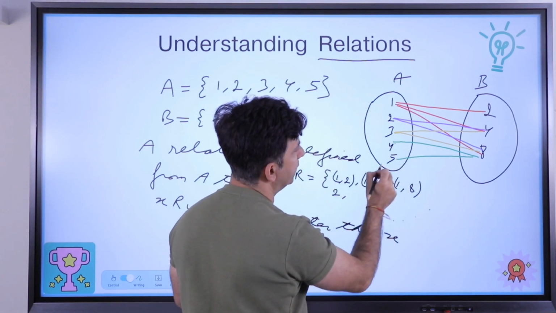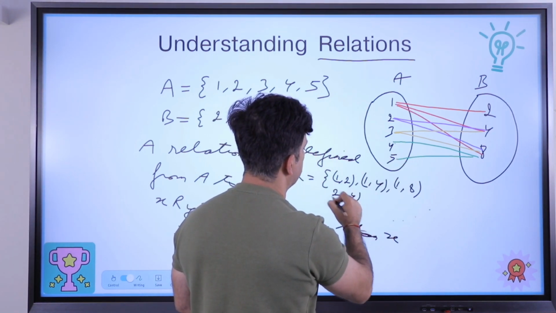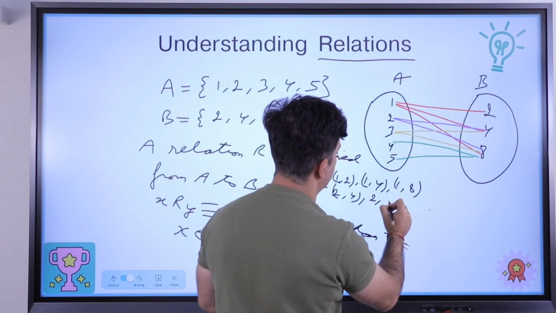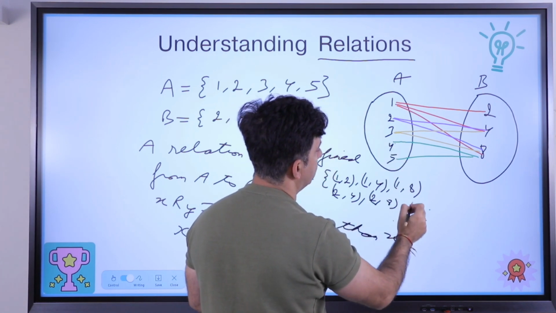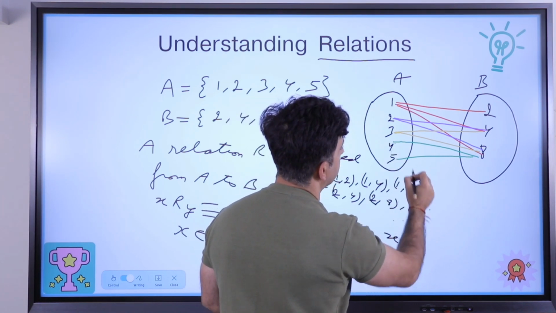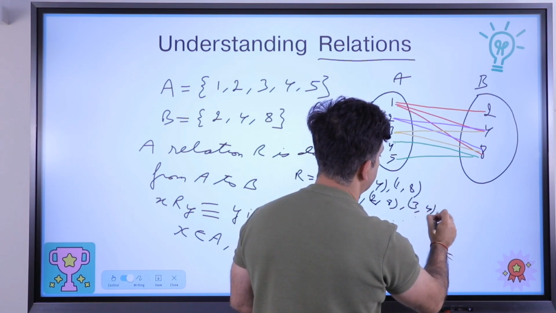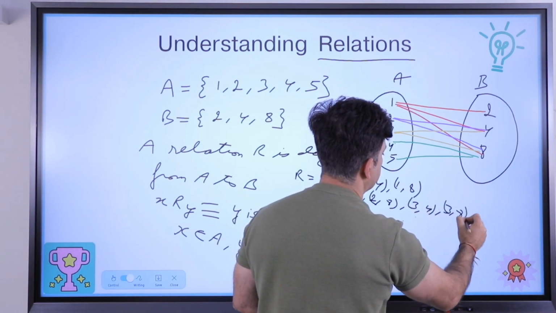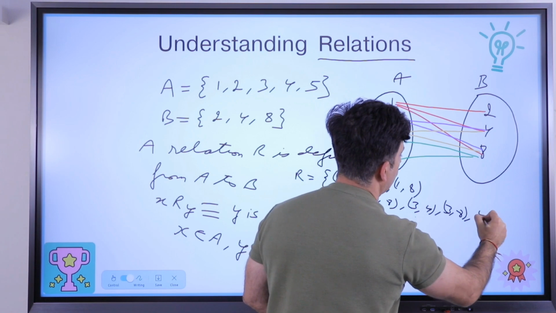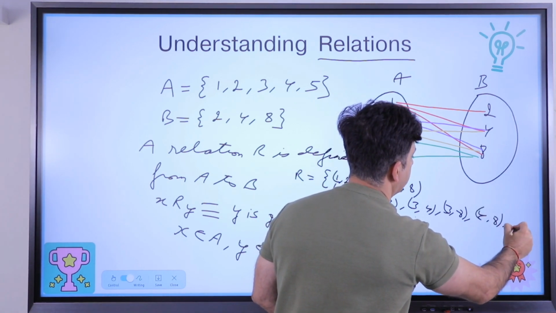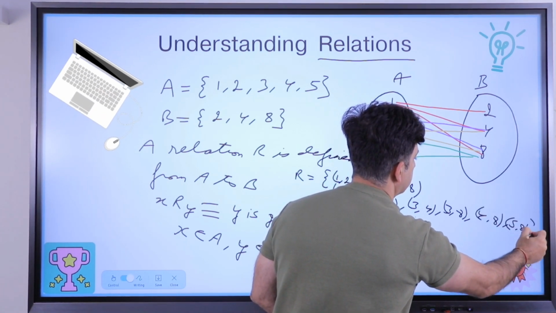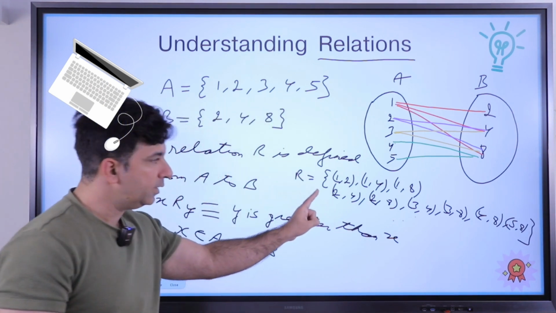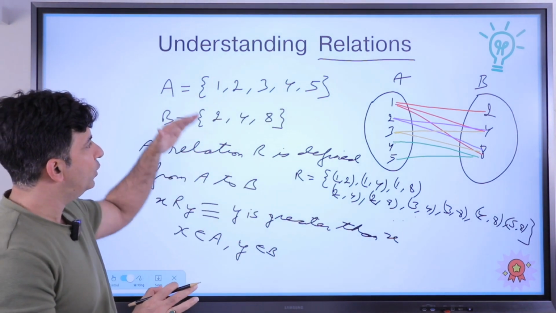Similarly for 2, we can see that 2 comma 4 is there, and 2 comma 8 also is there. For 3, we have 3 comma 4 and 3 comma 8. For 4, 4 comma 8, and then 5 comma 8. So this is the relation which we were talking about.